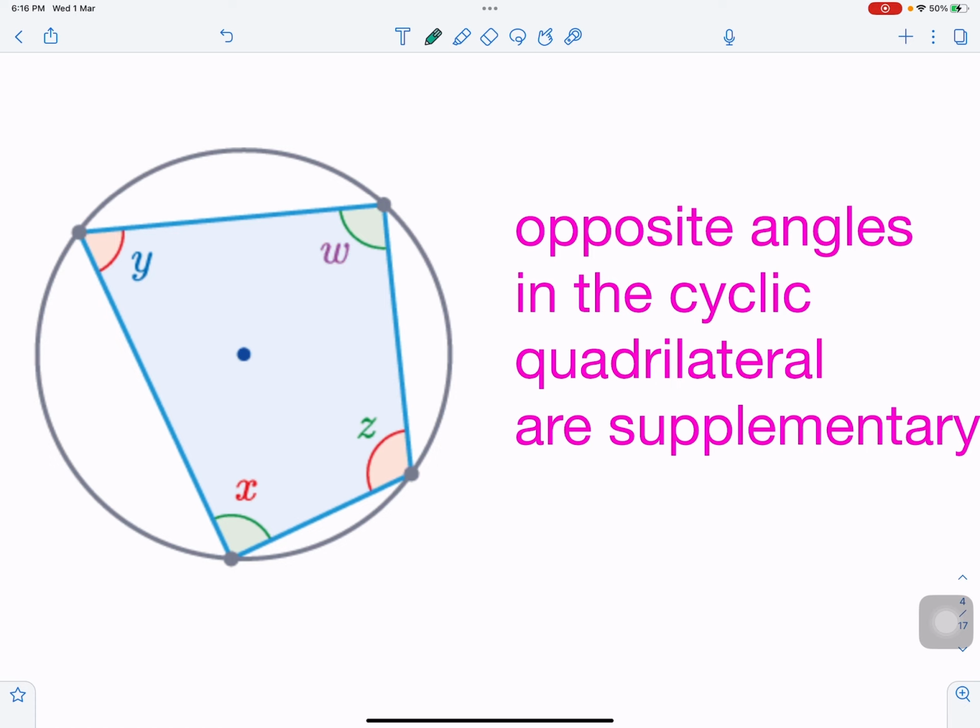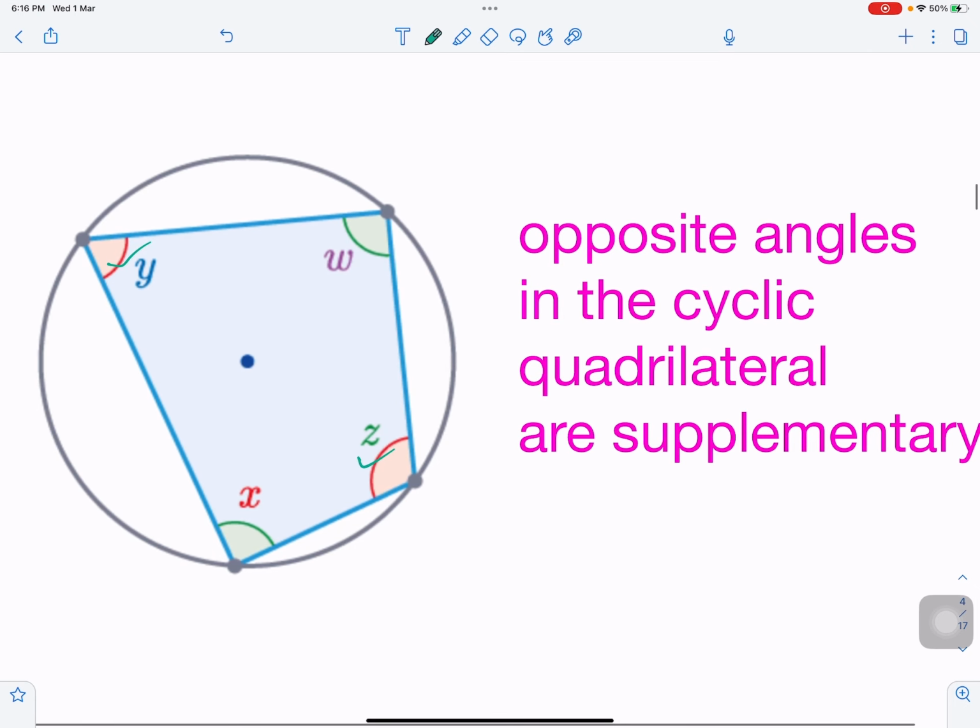Now the last property: opposite angles in a cyclic quadrilateral are supplementary. If a quadrilateral is cyclic, then opposite angles will be supplementary. And one more property: all 4 points of the quadrilateral will be on the circumference of the circle.